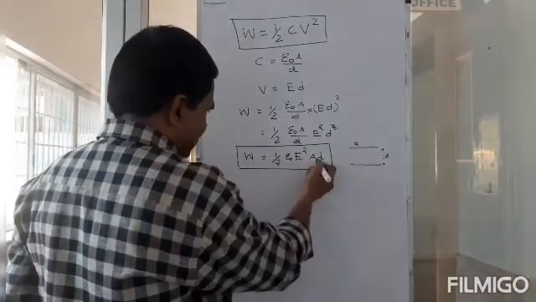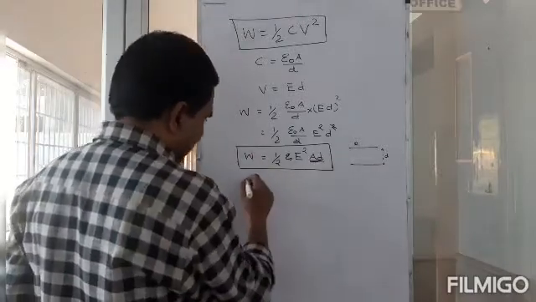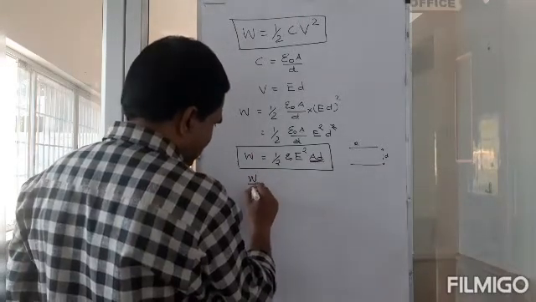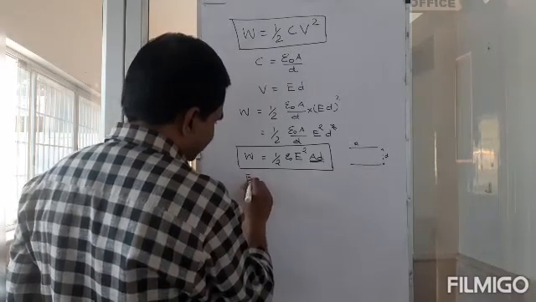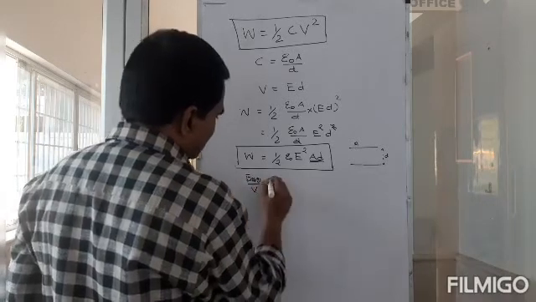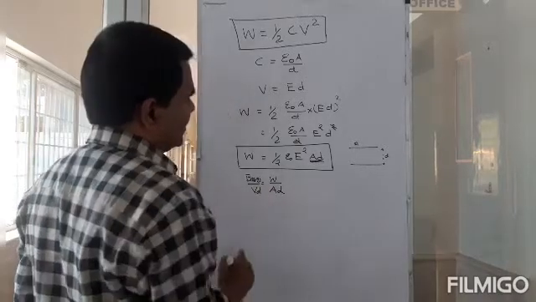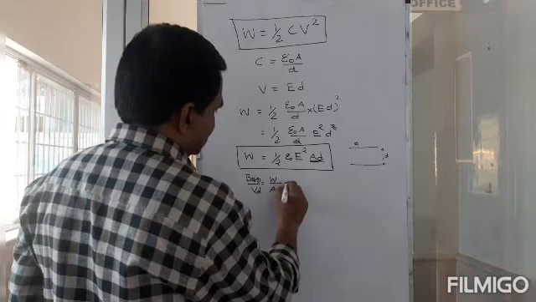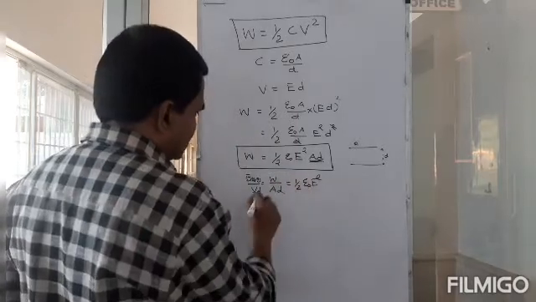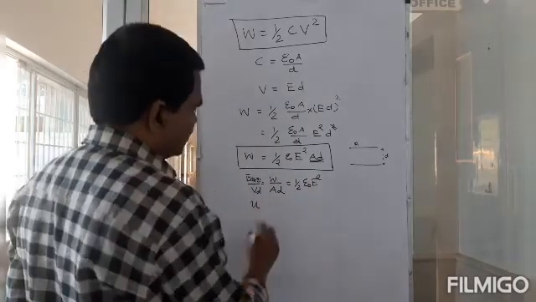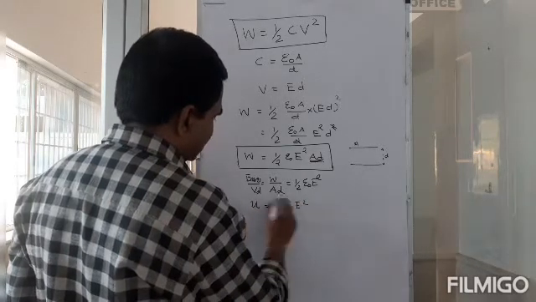Okay, and if this is the volume, notice it. If we take it to the other side, we get work done per volume. It's energy per volume, I'll say. Energy per volume, or work done by AD volume, is equal to half epsilon naught E squared. So we call this quantity U. U is equal to half epsilon naught E squared.